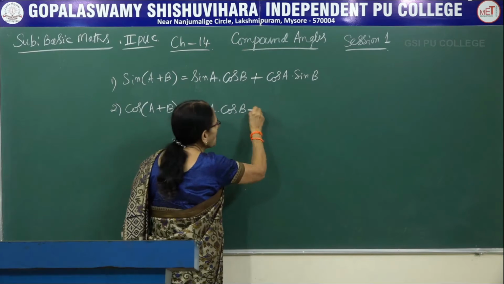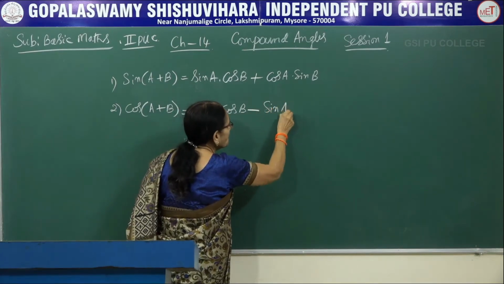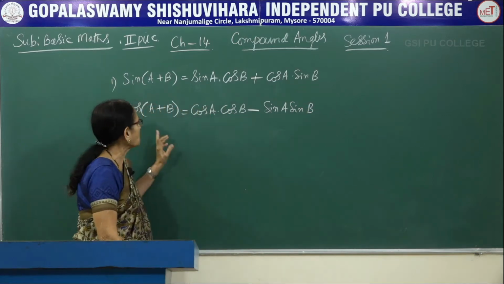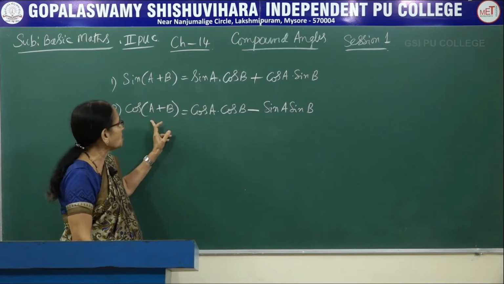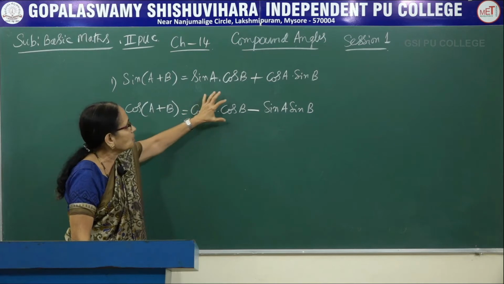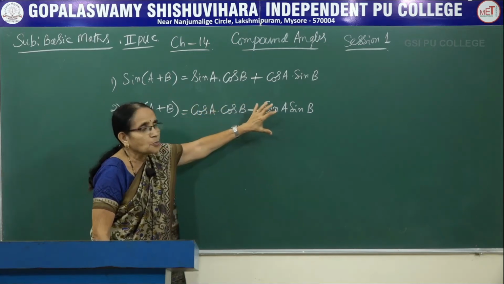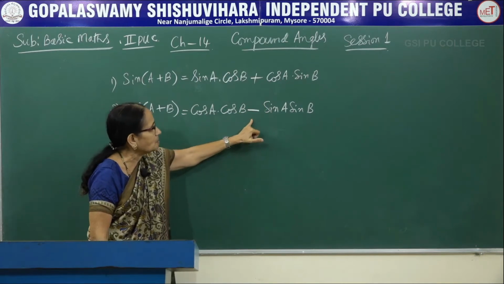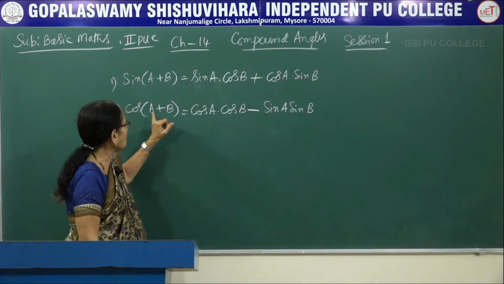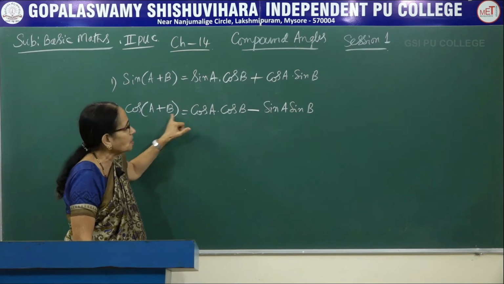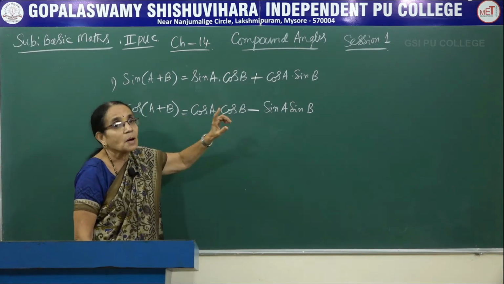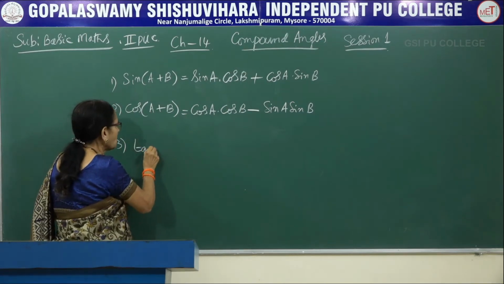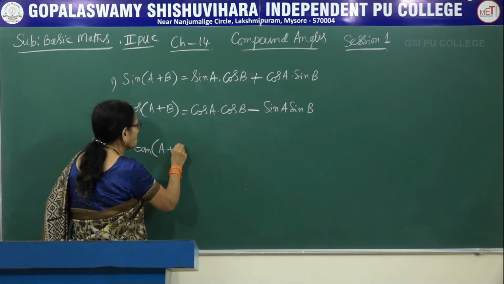Cos A cos B minus sin A into sin B. Now this is the formula to find the value of cos of the sum of the two angles. It is purely a cosine product, and that is purely a sine product. Cos A into cos B minus sin A into sin B. On the left hand side we have the positive sign, on the right hand side it is a minus sign. Now come to the third one. It is tan of A plus B.